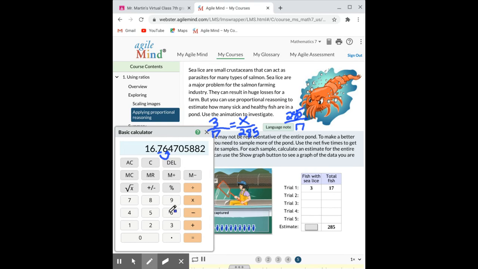If the hundredths place is 5 or more, that means that the tenths place goes up. If it is 4 or less, then the tenths place stays the same. So in this case, what will be our new amount? 16.8. Good job. So we get 16.8 for our what? Scale factor. Great job. So we're going to take our scale factor, and what do we do with it?